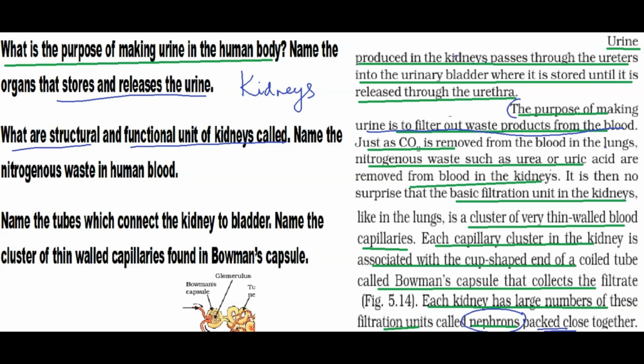Name the nitrogenous waste in human beings. So there are nitrogenous waste like urea or uric acid, but mainly the nitrogenous waste is urea. And the structural and functional unit of kidneys are called as nephron.